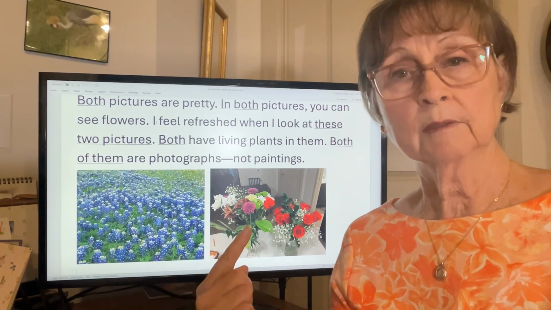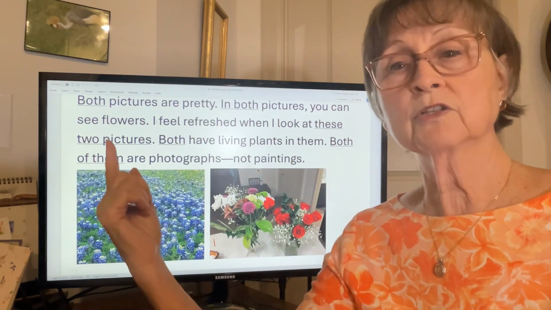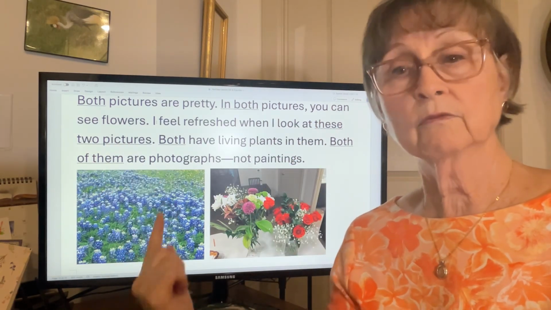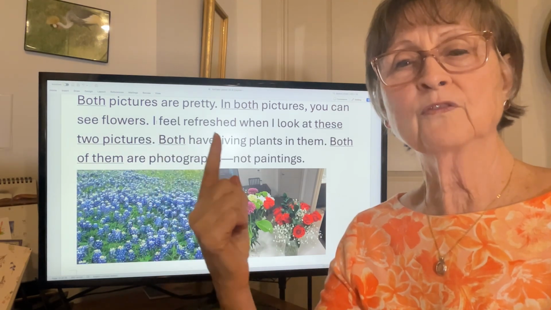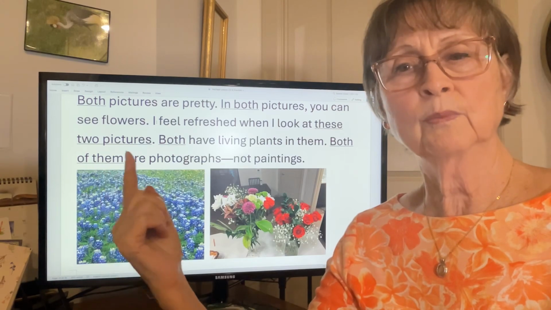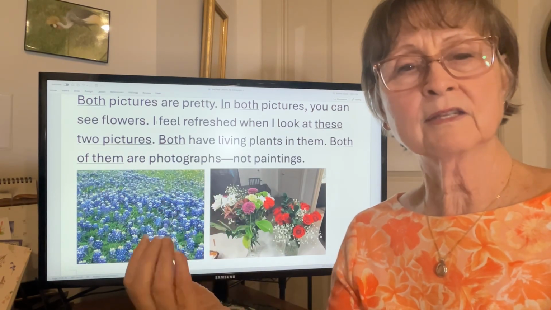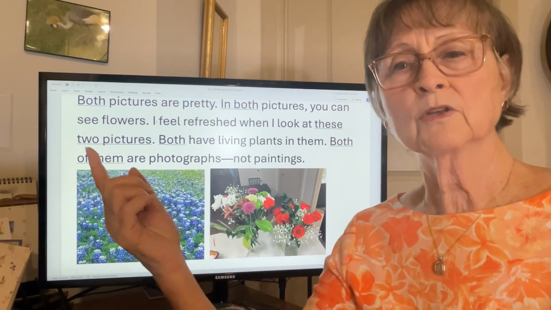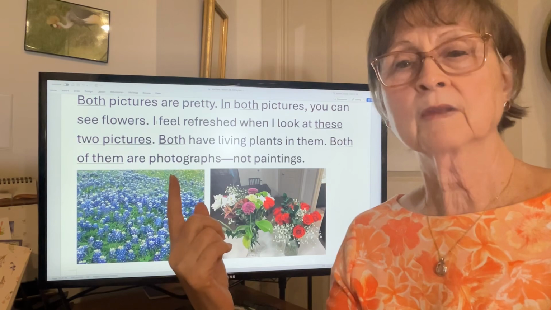In both pictures, you can see flowers. I feel refreshed when I look at these two pictures. I look at them at the same time and get the same feeling. So the two pictures together make me feel refreshed.